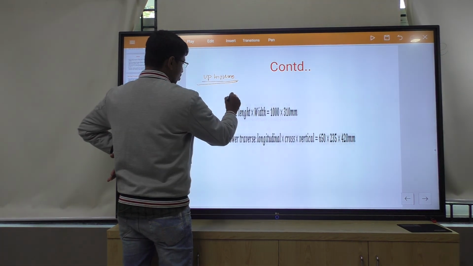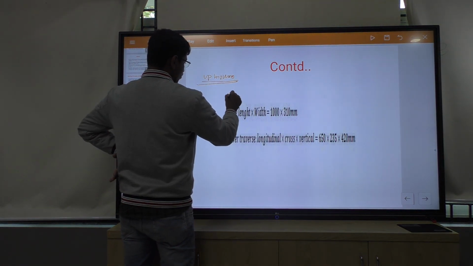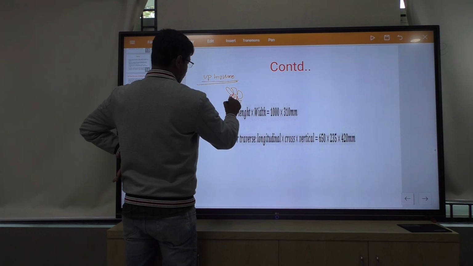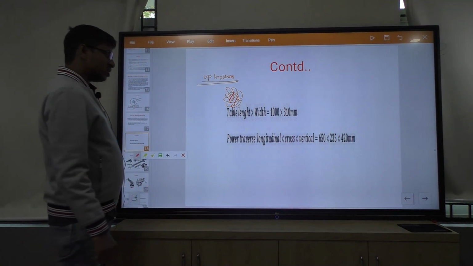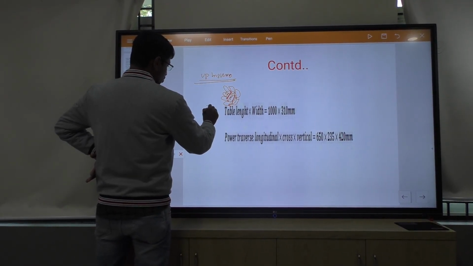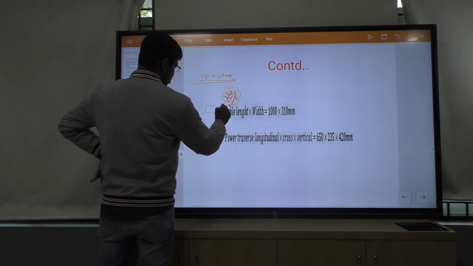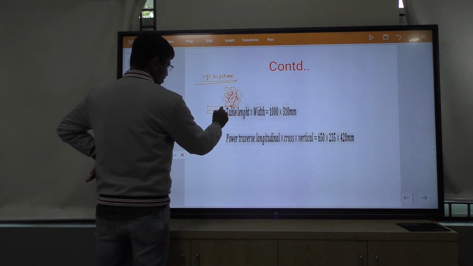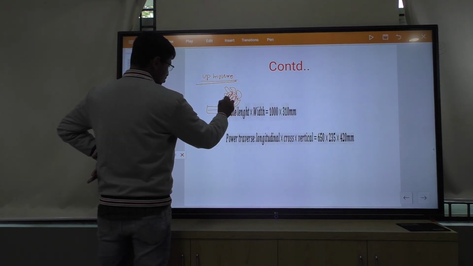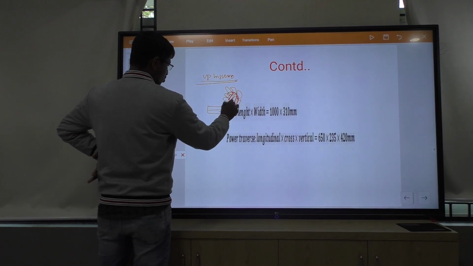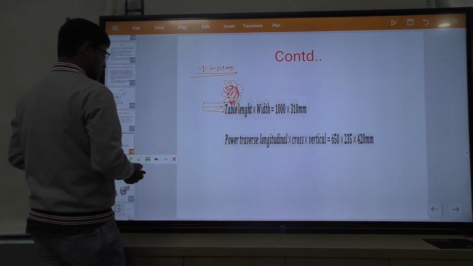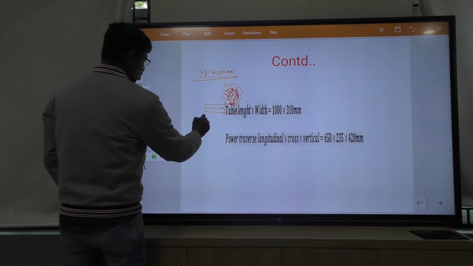If the cutter rotates in the clockwise direction, the workpiece should be fed opposite to it. So the cutting action and feeding action are in opposite directions. This is called up milling.